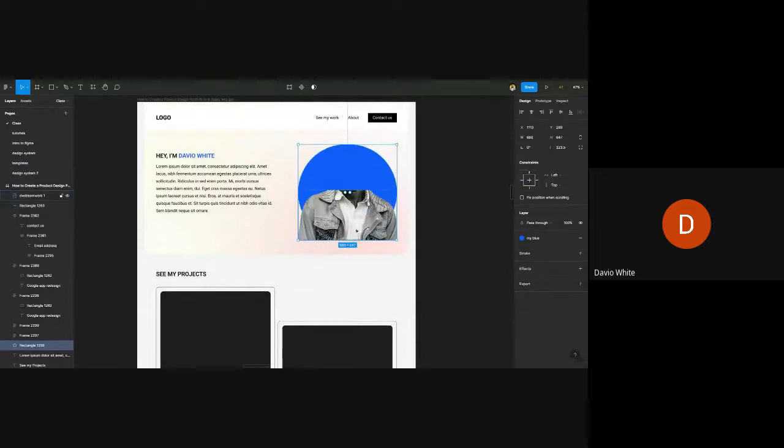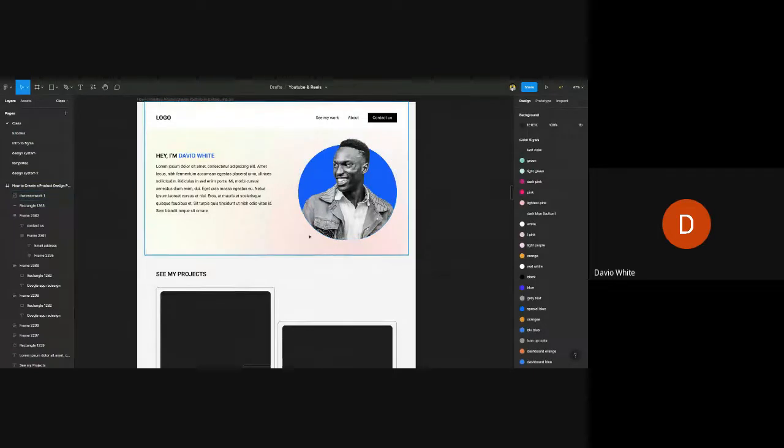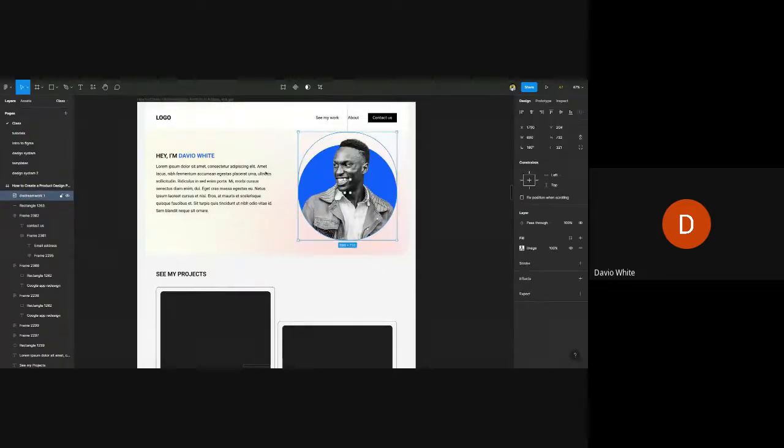I think I'm going to change it to a circle. But I don't like the blue though. All right, it's a circle, but let me see.